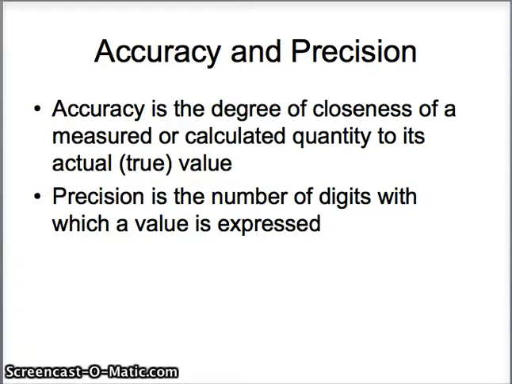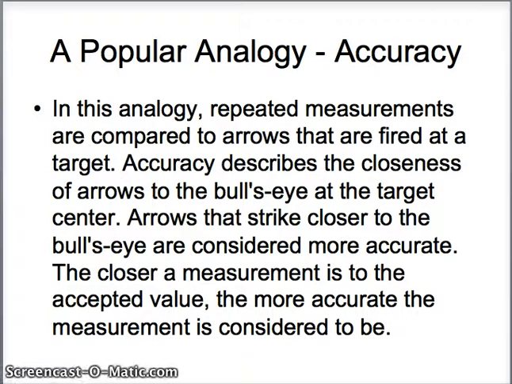Now, what precision means is how many digits you can carry out a particular measurement. The more digits you can carry out, the more precise that value is. A popular analogy that I often see in physics would be an arrow and a target. The bullseye will be the center. If you can consistently hit the bullseye, it's more accurate.